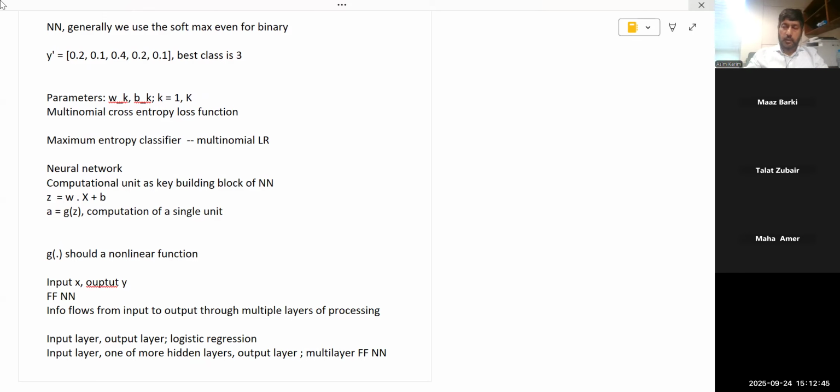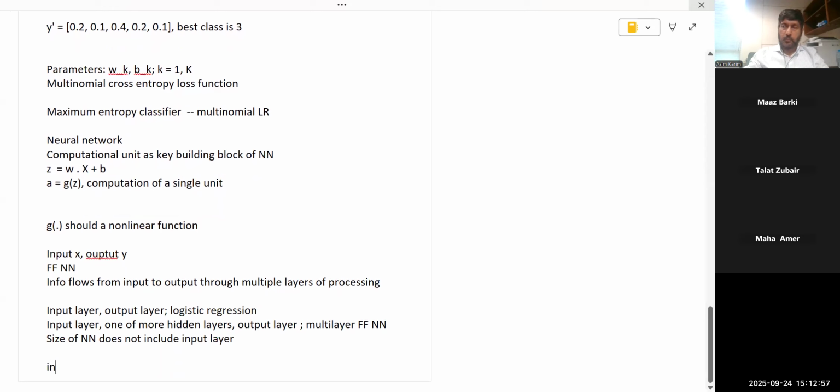प्रोसेसिंग सारी later layers में होती है. So that's why the size of neural network does not include input layer. So let's say if you have an input, hidden layer 1, hidden layer 2, and then output. So how many?